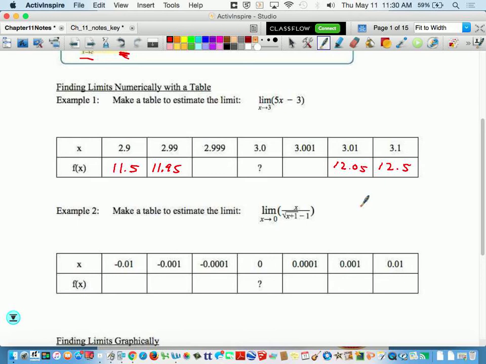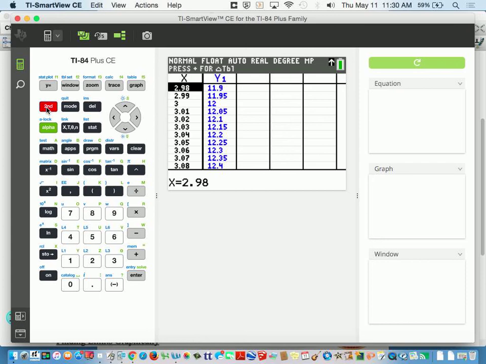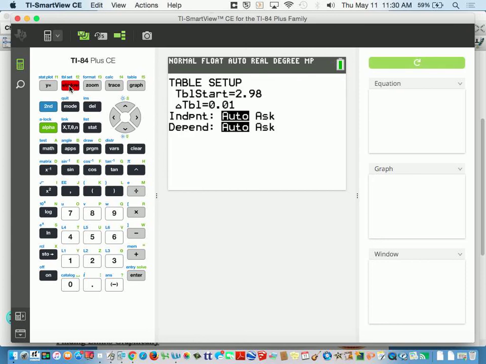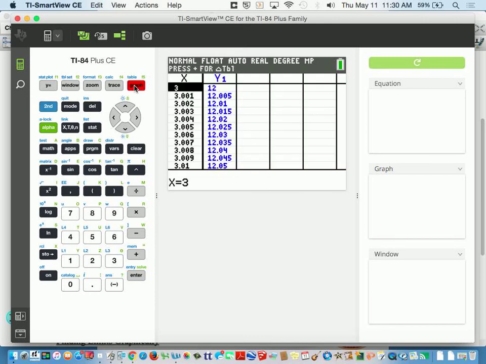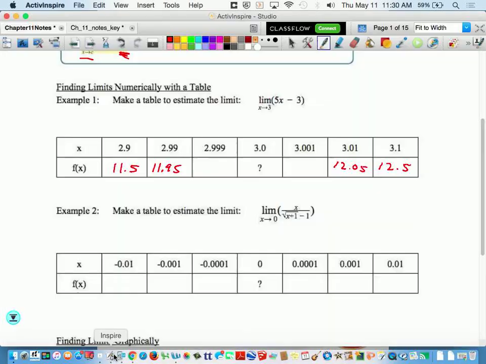And we can get even closer, so let's do it one more time. You go second, table set, get close to 3 by 0.001. And when I look at the table, there's your 2.99 and your 3.01. So notice I haven't even looked where the question mark is.